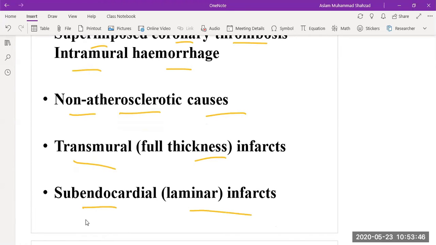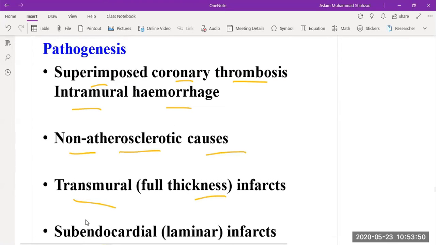So myocardial infarction depends upon the anatomical site of the blockage, whether it is transmural or subendocardial, or it could be superimposed coronary thrombosis, which is intramural. So we can express the pathogenesis either as intramural, transmural, subendocardial, or because of non-atherosclerotic causes.